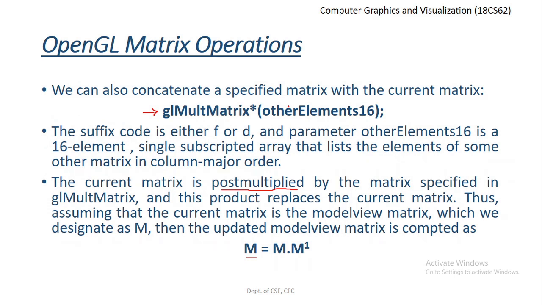If you want to multiply the current matrix with some other matrix, for that you have an OpenGL function called glMultMatrix, and again it accepts an array name which contains 16 elements as the parameter. It is used to post multiply the current matrix with some other matrix.